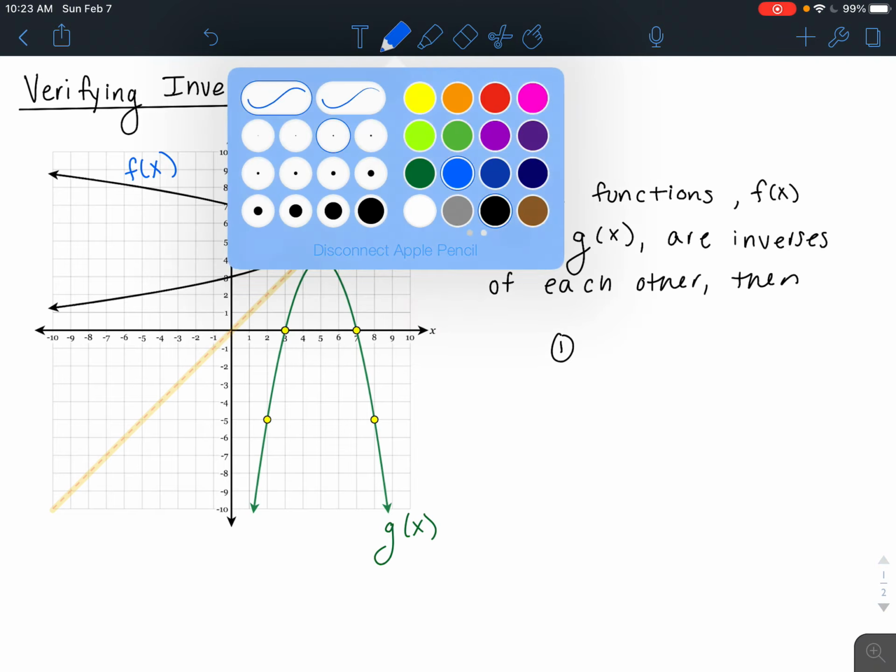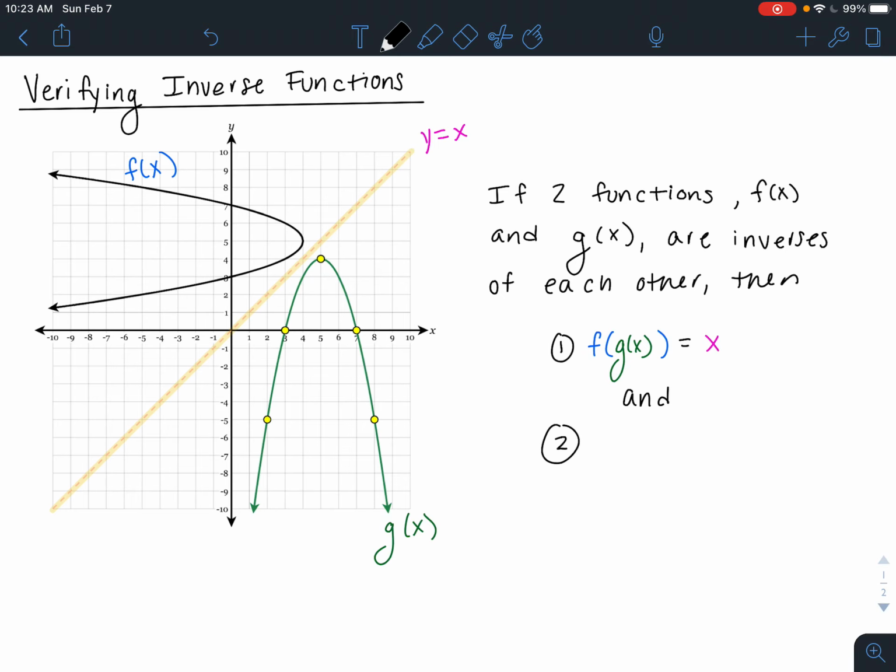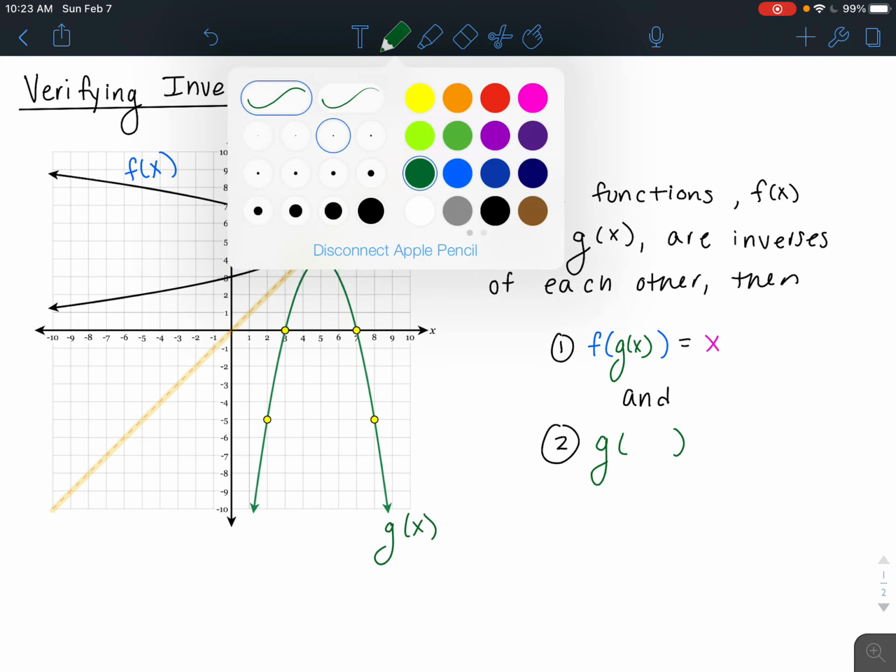We know that f of g of x will equal x, and the opposite is also going to be true. g of f of x will also equal x.